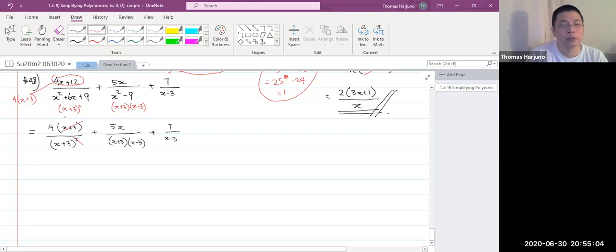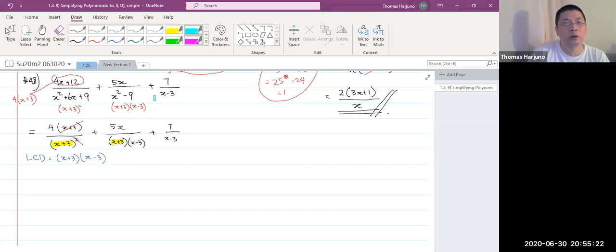One of these. So now my LCD becomes (x + 3) to the power of 1 and (x − 3) to the power of 1. x + 3 to the power of 1, that's the highest. x − 3 to the power of 1 is the highest.